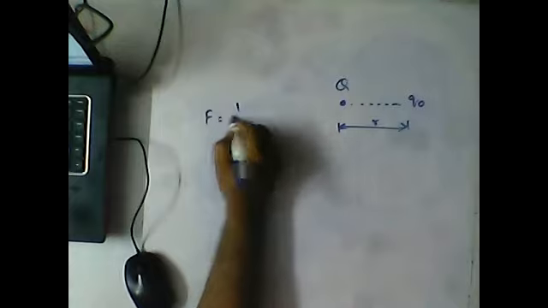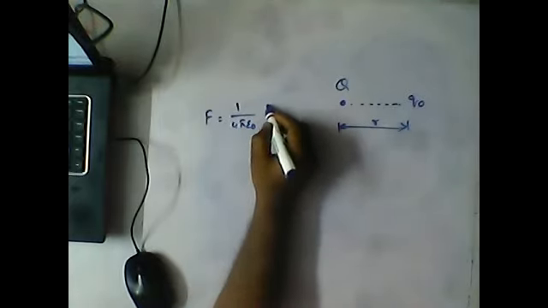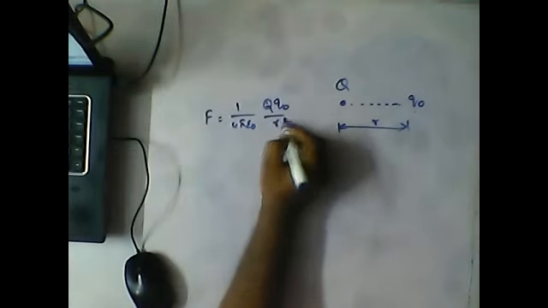That force is given by the formula F is equal to 1 by 4 pi epsilon Q Q naught by R square.